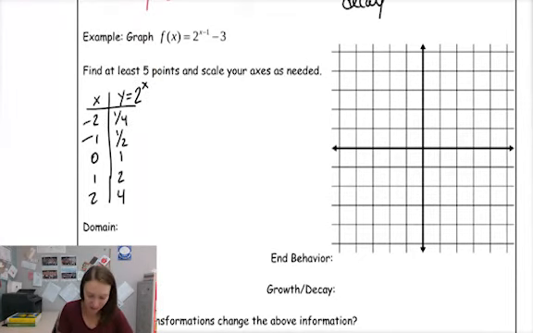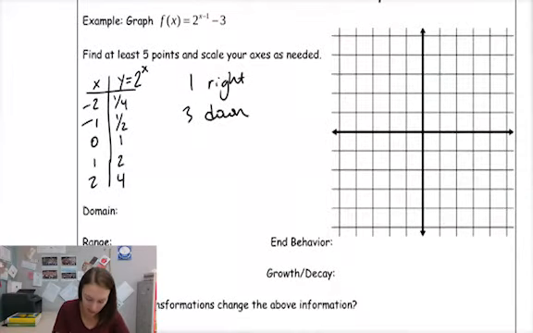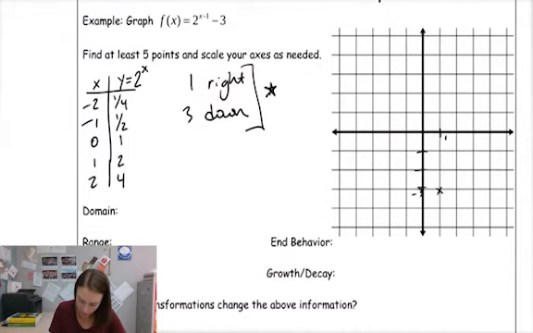Now, the x minus 1 and the minus 3 means I'm going to be moving these points 1 to the right and 3 down. So the way I like to do it is I like to do this movement and put a star on my graph. So if I go 1 to the right and 3 down, I'm going to put a little star on my graph there.